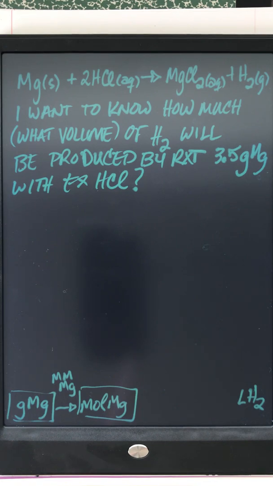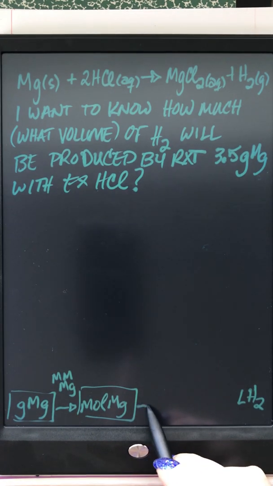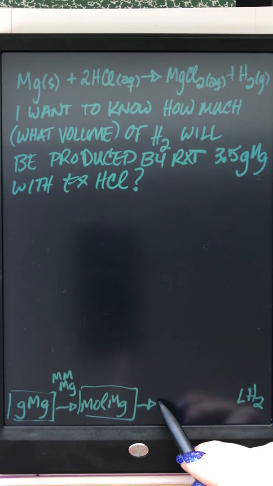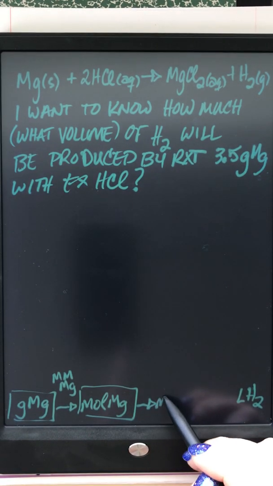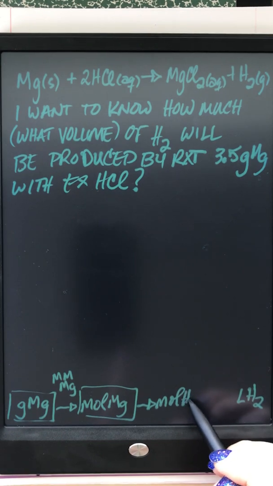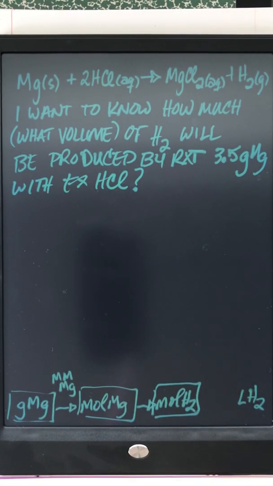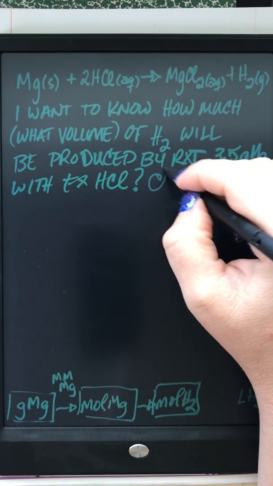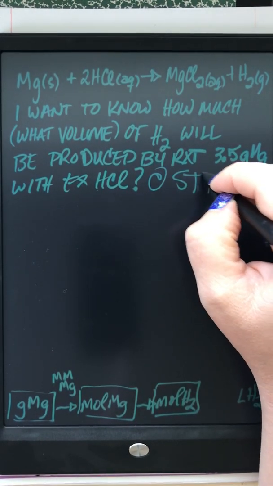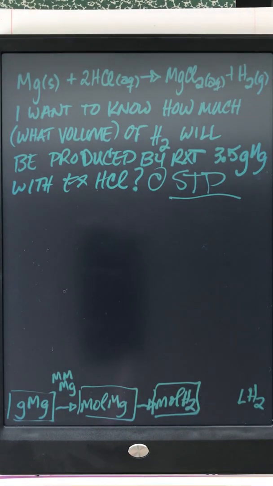What about the next step? The molar ratio to hydrogen. Yep, so going from moles of magnesium, how do we get to moles of hydrogen gas? This is important. I forgot this on the homework too, but this is very necessary information.